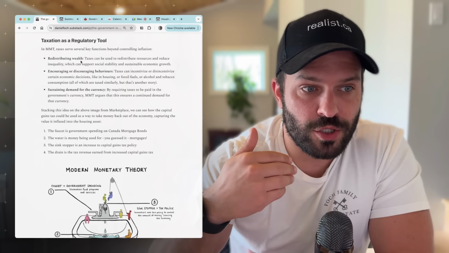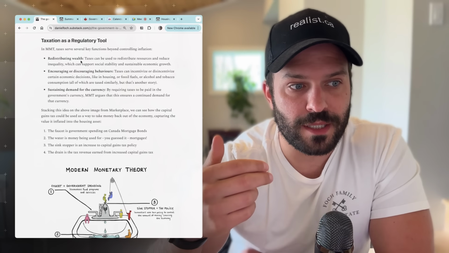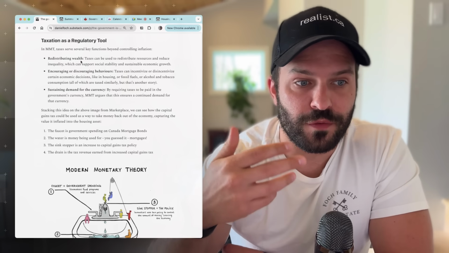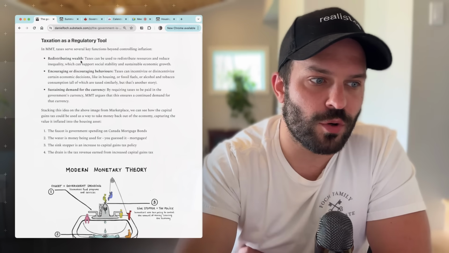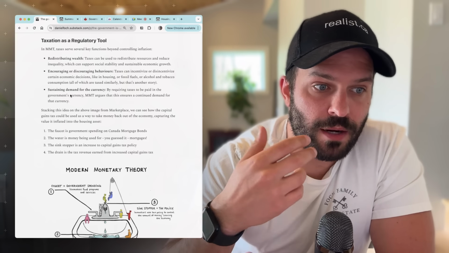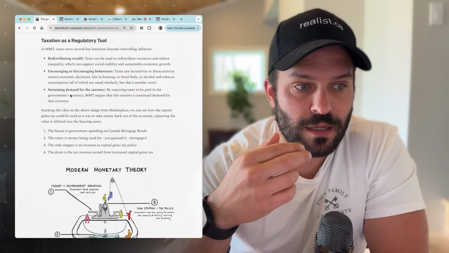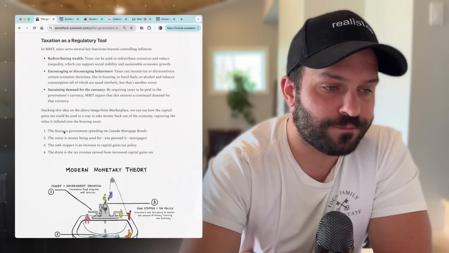They can use it to encourage or discourage behaviors, so incentivize or disincentivize certain economic decisions like housing, fossil fuels, alcohol and tobacco consumption, all of which are taxed similarly, but that's another story. And they can use it to sustain demand for currency by requiring taxes to be paid in a government's currency. MMT argues that this ensures a continued demand for that currency.